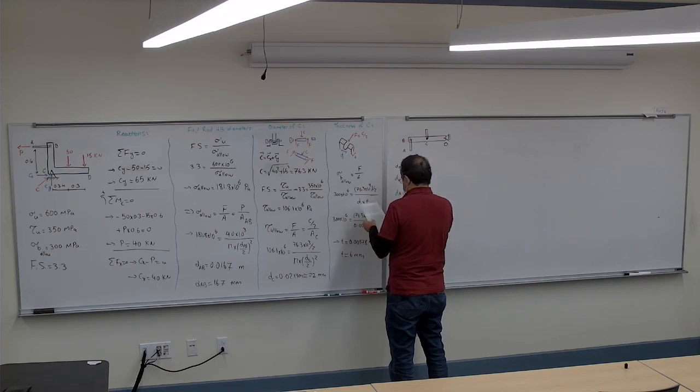Sigma U is 60. Tau U is 40. And the factor of safety is 3.